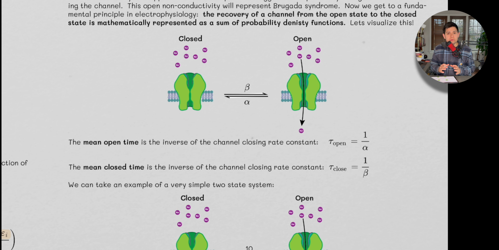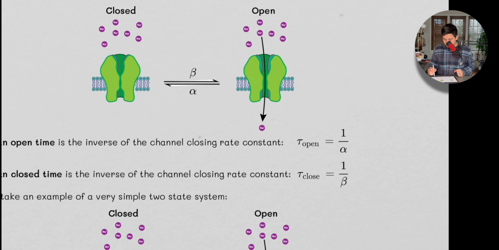The mean open time is the inverse of the channel closing rate constant. So the time it takes is inversely related to its rate. So if the conversion from open to closed is really fast, this value is going to be really high, and 1 divided by a very large number is going to be really small.